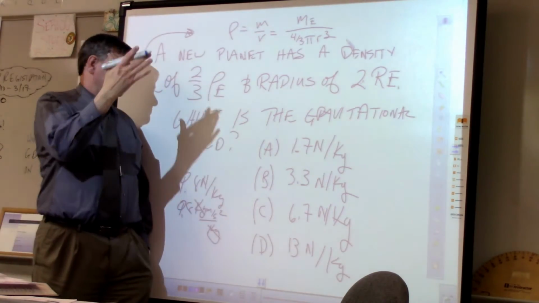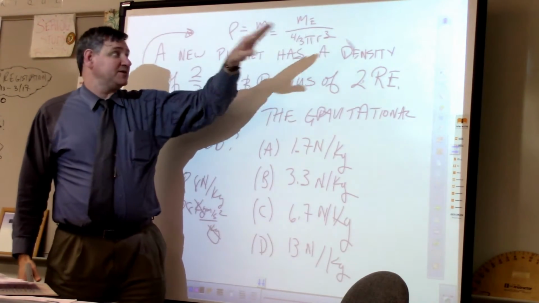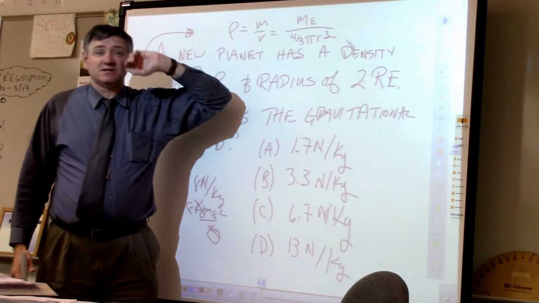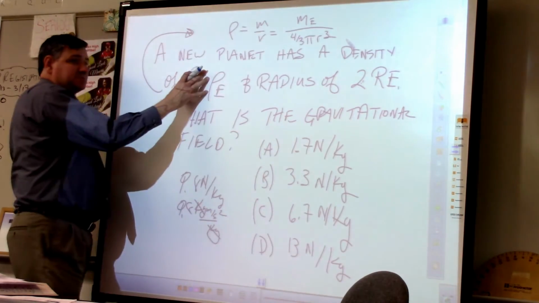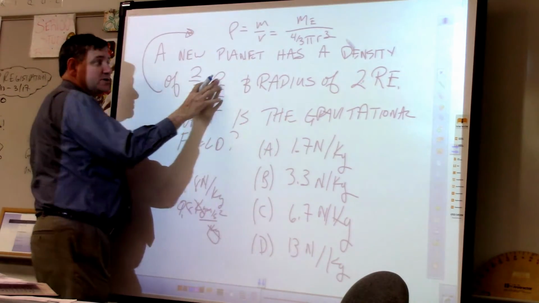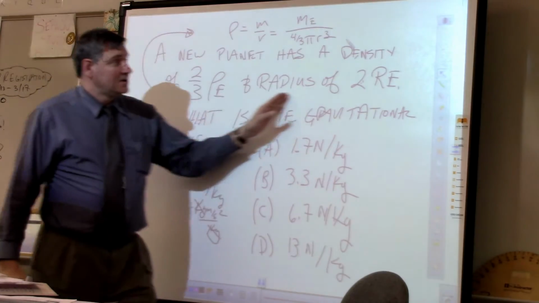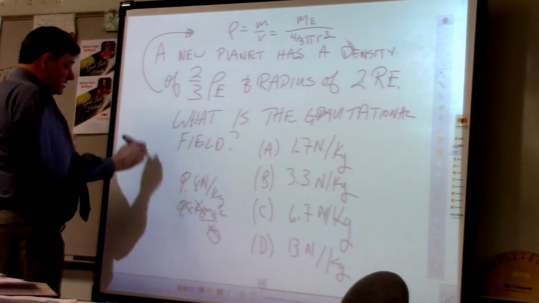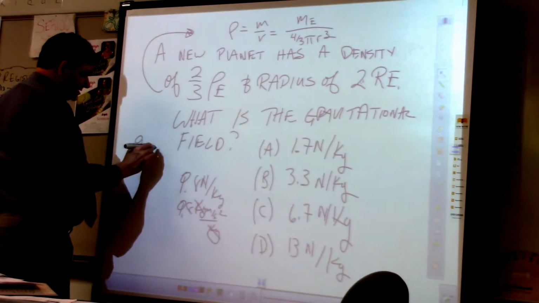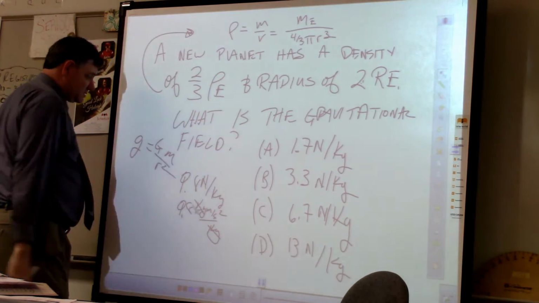If you have this number stored in your calculator, and you have the masses stored, you could find the actual density of the Earth. You could multiply that by 2/3, and you could get a number. Then you'd have the radius of the Earth. Then the whole key is to go back to big G mass over r squared.